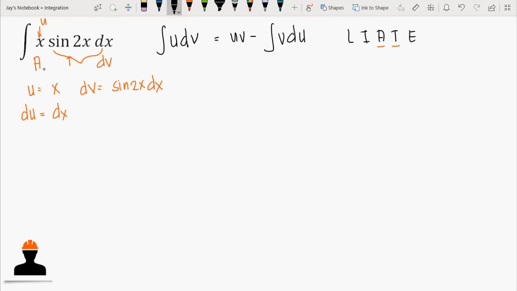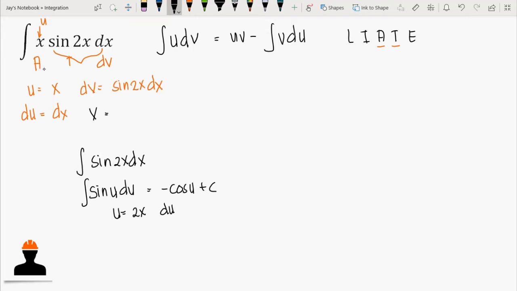Now, we need to identify v by integrating dv. If we integrate sine 2x dx, this is from the integration rule: the integration of sine u du is equal to negative cosine u plus c. In that case, our u is 2x, then our du should be 2 dx, so we multiply by 2 here and 1/2 outside.